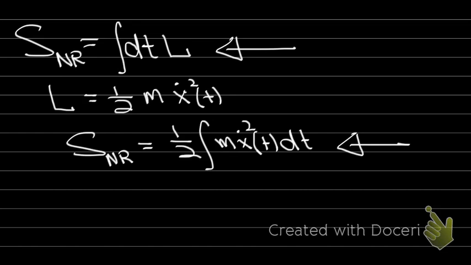Now my goal is to construct the action for a relativistic point particle, assuming a free particle. So I'm going to assume that this relativistic particle is non-interacting, and so there would be no interaction term in its Lagrangian, right?